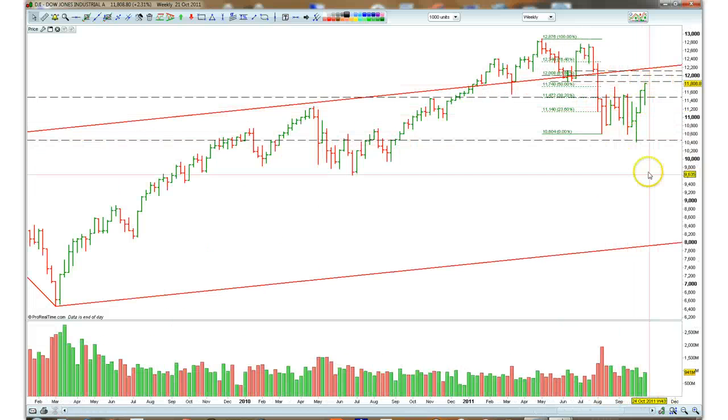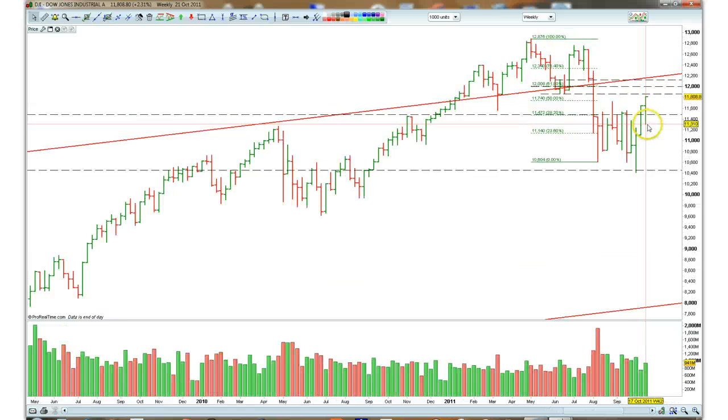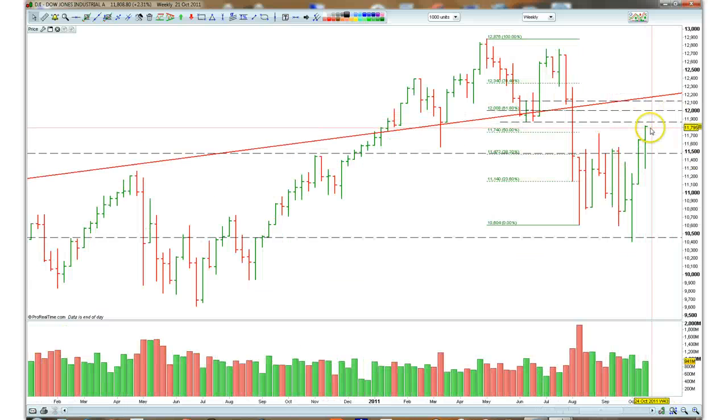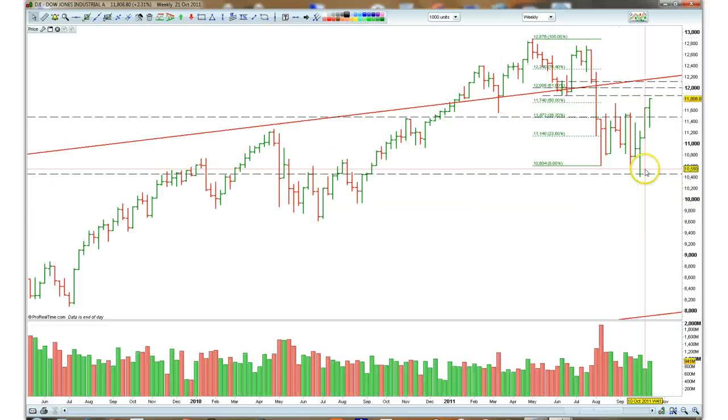We still don't have a higher pivot low on the weekly chart. We'll have a higher pivot high now, so if they're real good to us, they'll give us a higher pivot low.